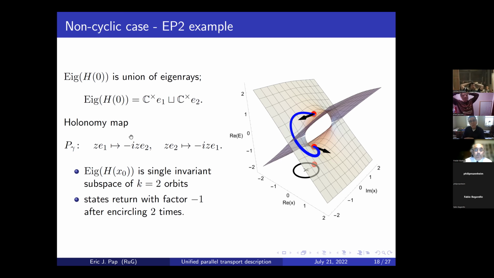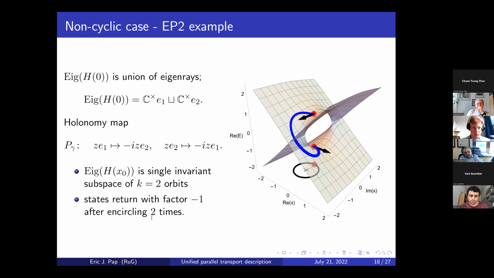You can get this group element by applying the parallel transport map as many times as you have orbits. After 2 times, every state in this union comes back with the same characteristic group element. Of course, for the EP2, this is -1, because if I encircle twice, I get -1. This idea of having invariant subspaces and characteristic group elements for every subspace is what holds in general, here illustrated using the EP2.